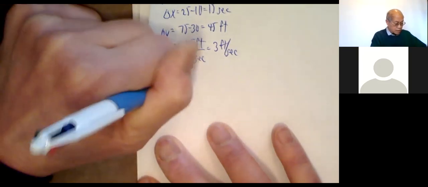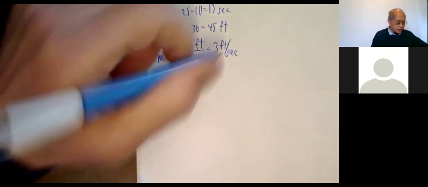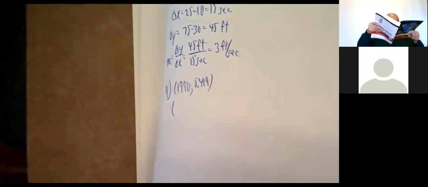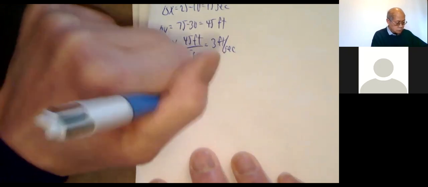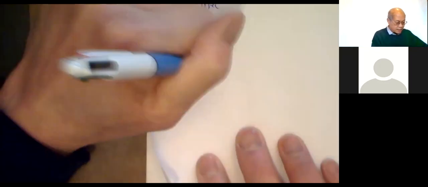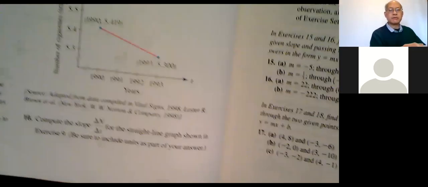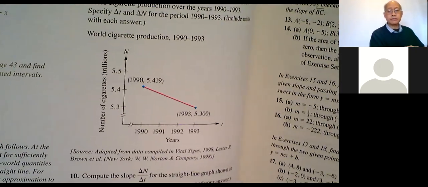The ordered pairs are 1990 and 5.419, in 1993, 5.300. So this is t, and this is n. That's sort of like x and y. Okay, so if you look at the graph, t for time, which makes sense, that's the x-axis, and n for the y-axis.